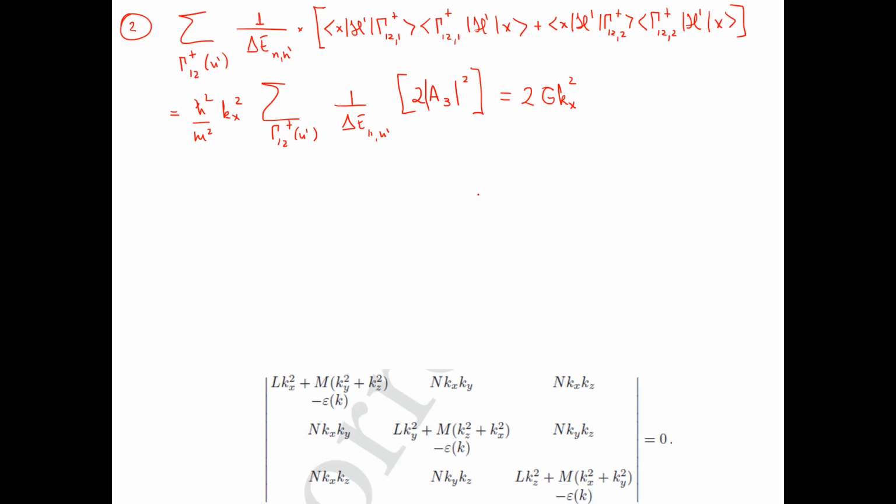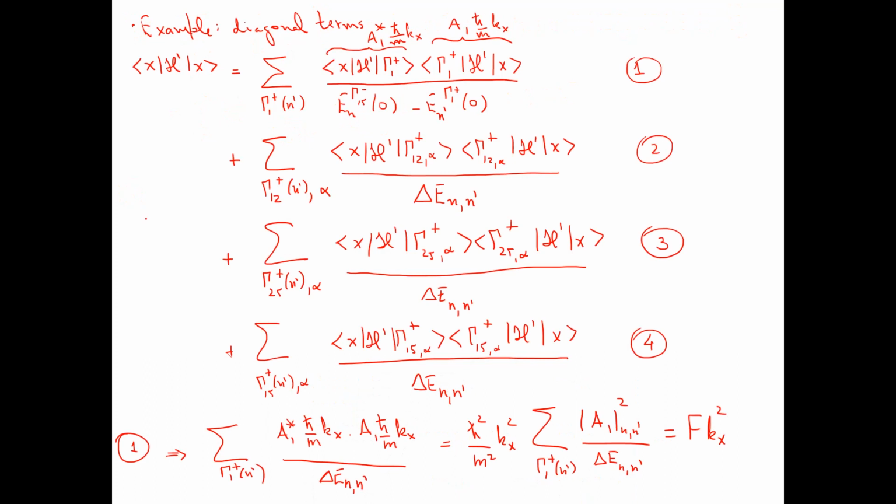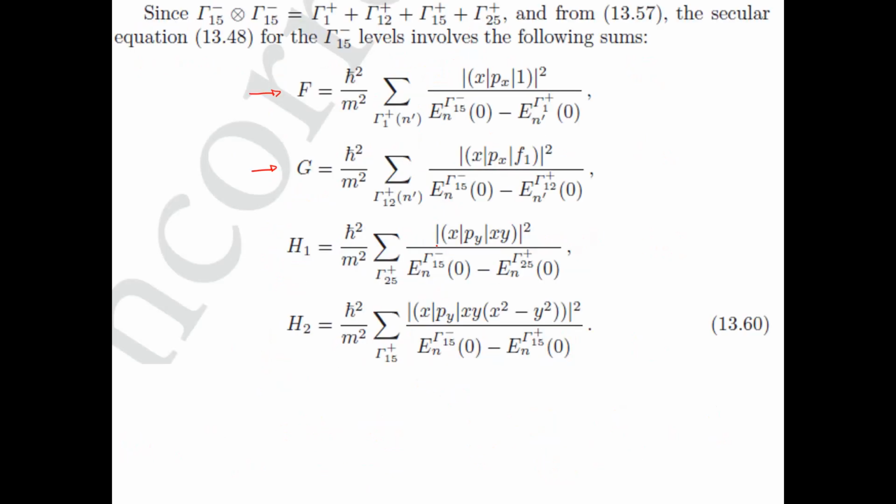So I'm not going to do all of them, because you know where this is leading us. Well, let me just comment on the third term. The third term, if we go back here, is a coupling between x and different partners of gamma 2 5 plus. But the x partner of gamma 2 5 plus actually involves the wave function yz. So this is actually not going to couple with the x partner, the x polarization.